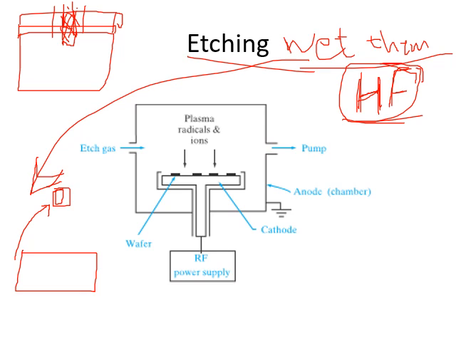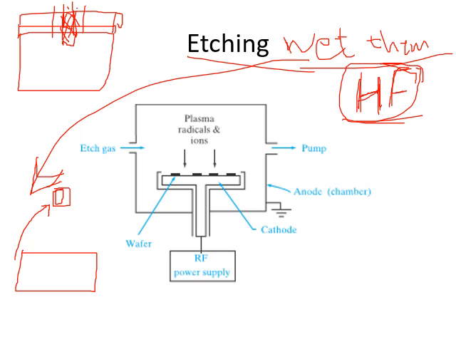In dry etching, what happens is we use dry plasma based etching material, right? That dry plasma based etching material is selective as well as anisotropic.